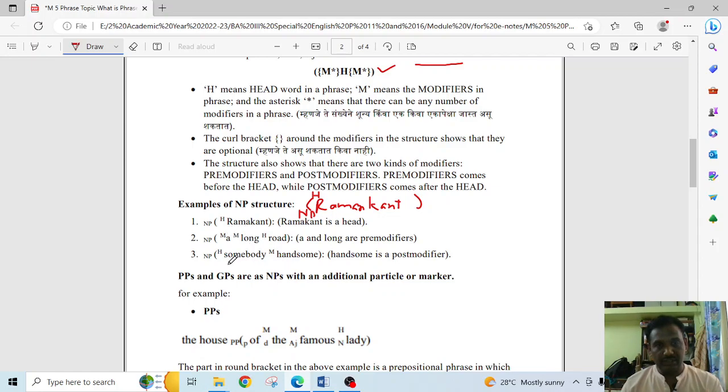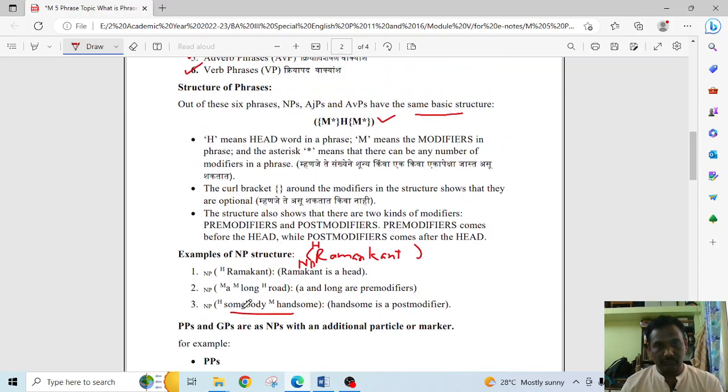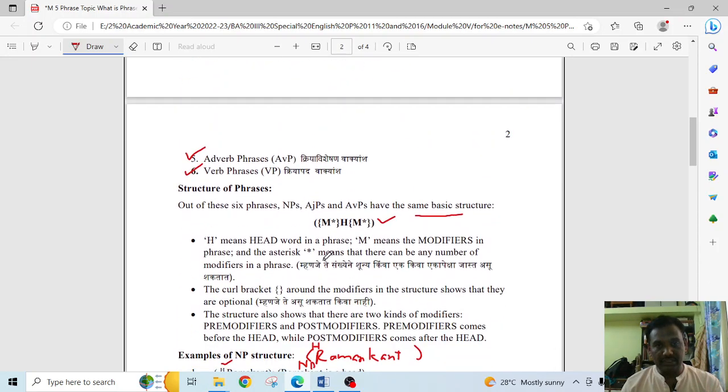In the same way, somebody handsome, in this noun phrase, somebody is head and handsome is modifier. So what does that indicate? It indicates that in all these three examples, head word is very important, essential. On the contrary, there can be modifiers or there cannot be modifiers.